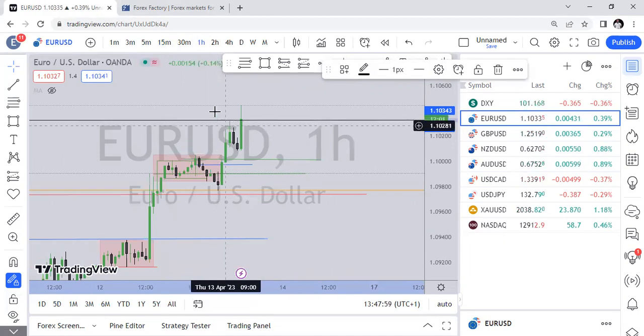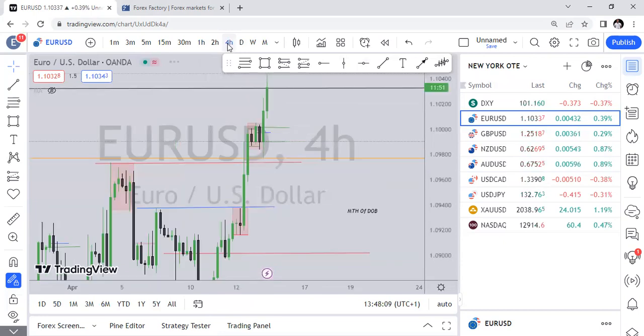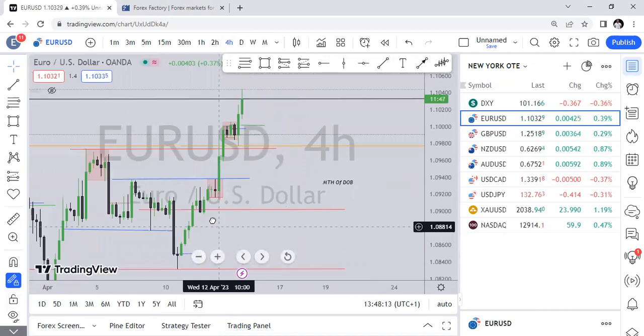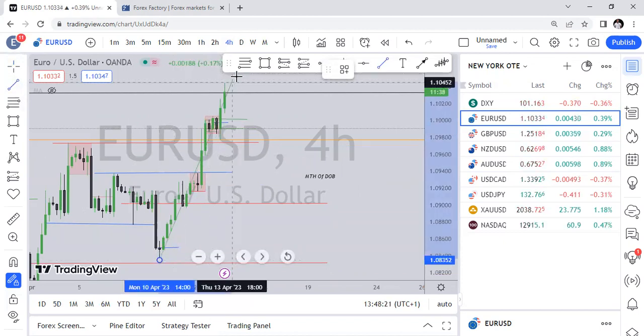Because today is Thursday, I will now start looking for reasons to sell, since throughout the week you can see that the Euro USD has been in what we refer to as an impulse.